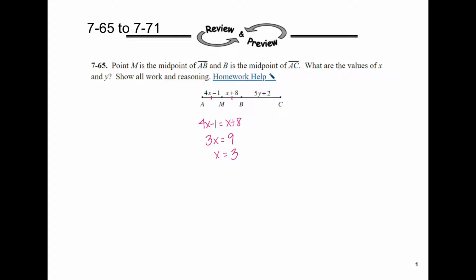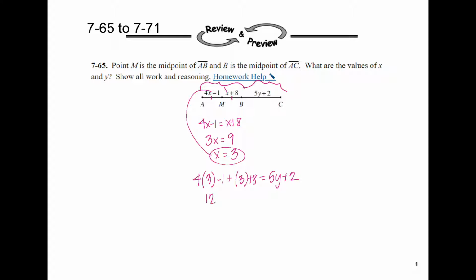We then know that by the definition of midpoint, line segment AB is congruent to line segment BC. So the first thing we need to do is take our x value and plug it into both of these pieces. So we have 4 times 3 minus 1 plus piece MB, 3 plus 8, is equal to 5y plus 2.